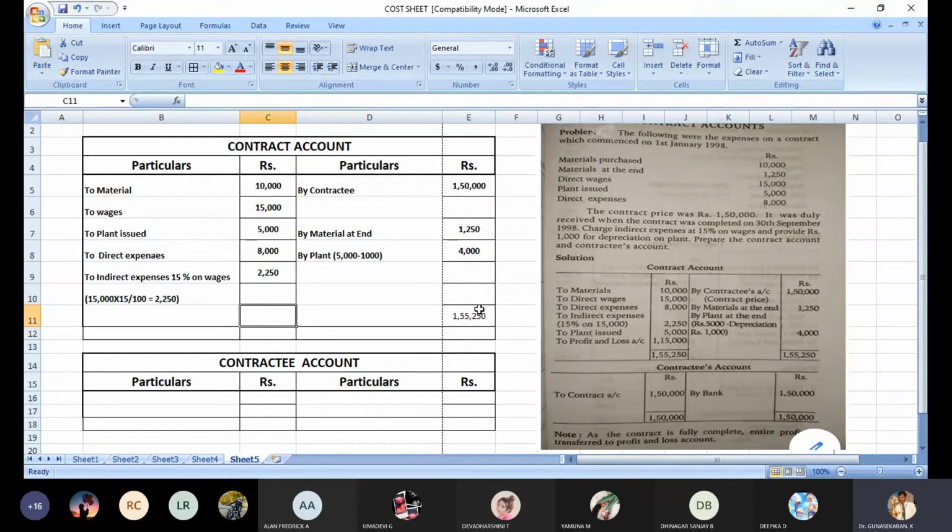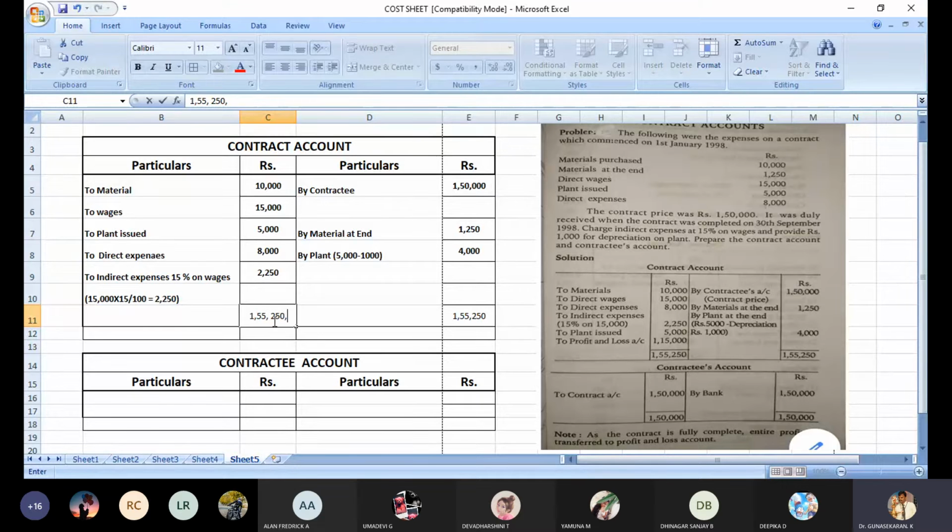On the credit side, the credit value means income. 1,55,250 is the total credit value. Debit side: 10,000 plus 15,000 plus 5,000 plus 8,000 plus 2,250. The same higher value is also entered on the debit side because we have to find out the difference. That difference is called profit because the credit side value is more than the debit side value.